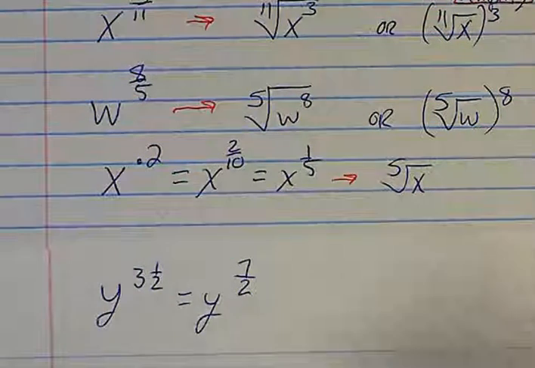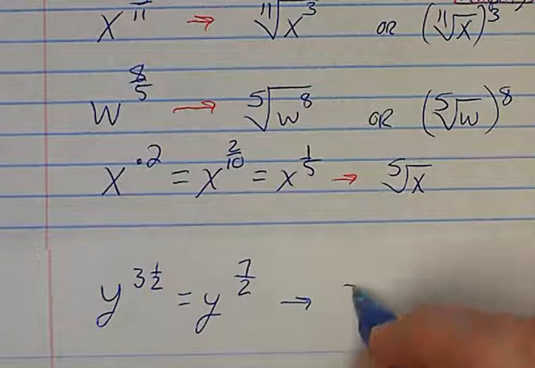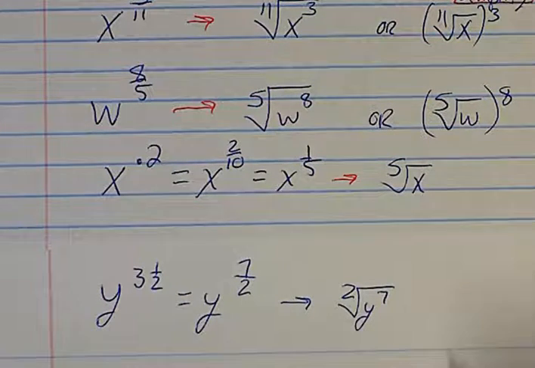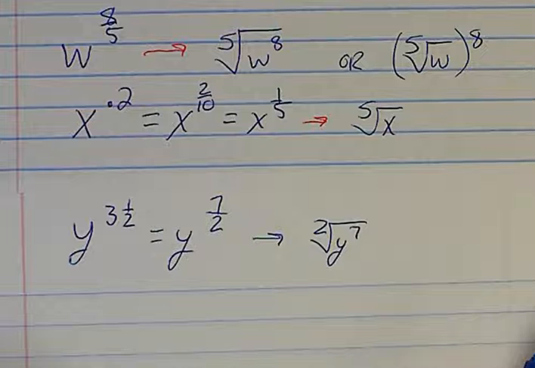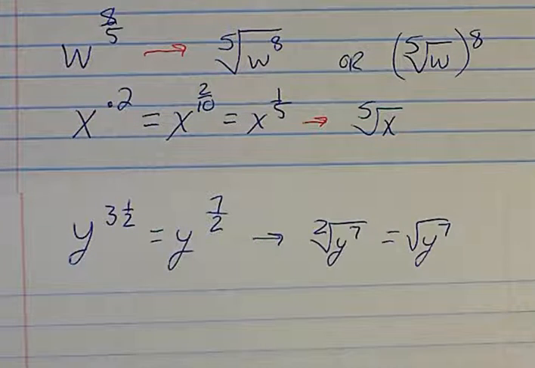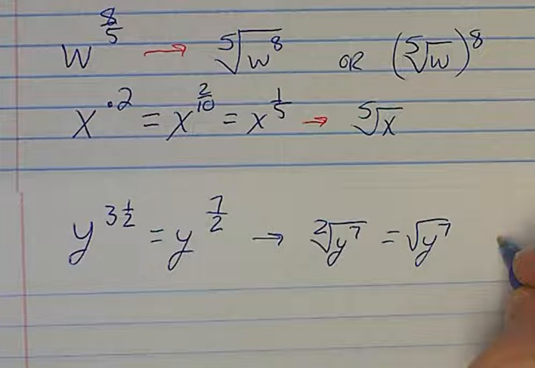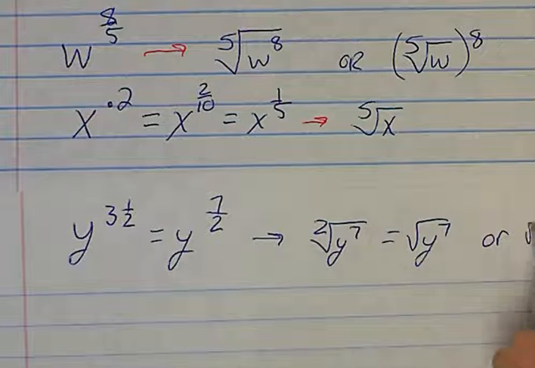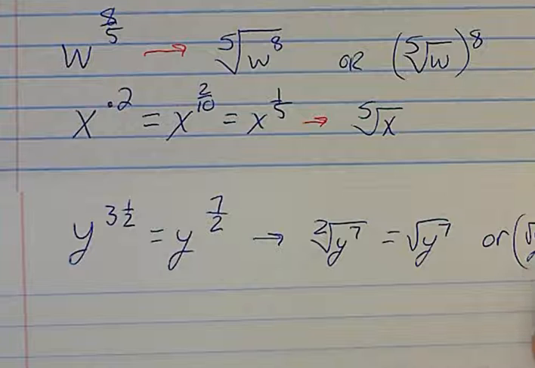And now that you got it in fraction form, then you can rewrite it. So it would be the 2nd root of y to the 7th. Again, if it's 2nd root, you don't have to put the 2, because that's always understood. So we can say it's square root of y to the 7th. Or again, you could have the square root of y and then the whole thing to the 7th power.